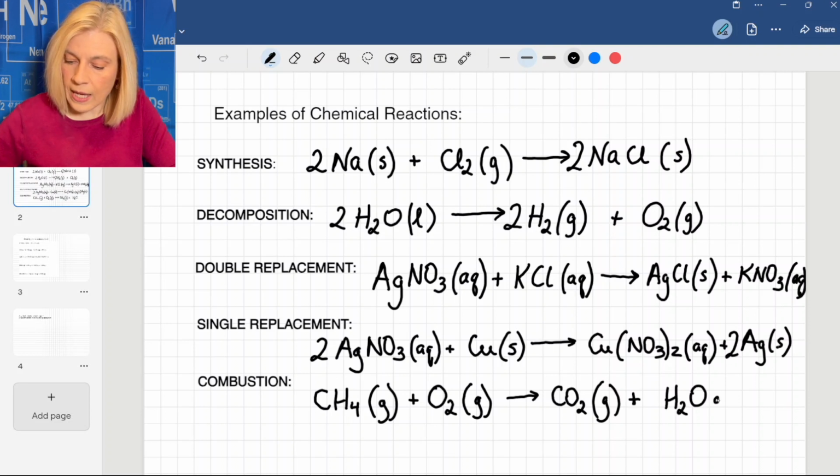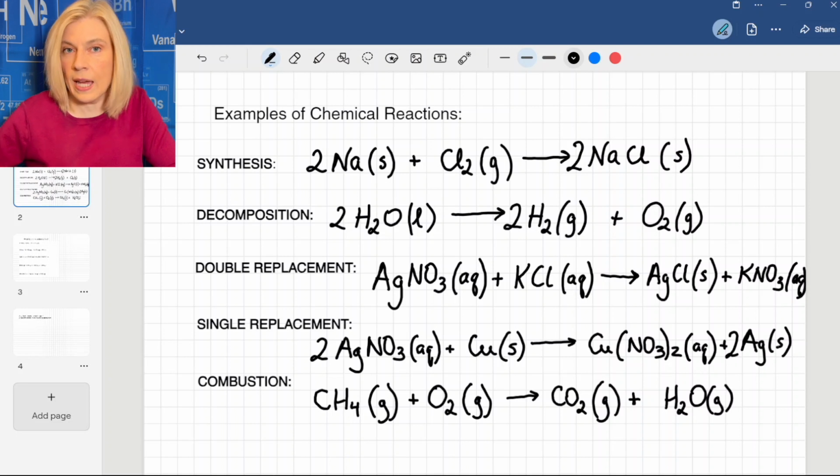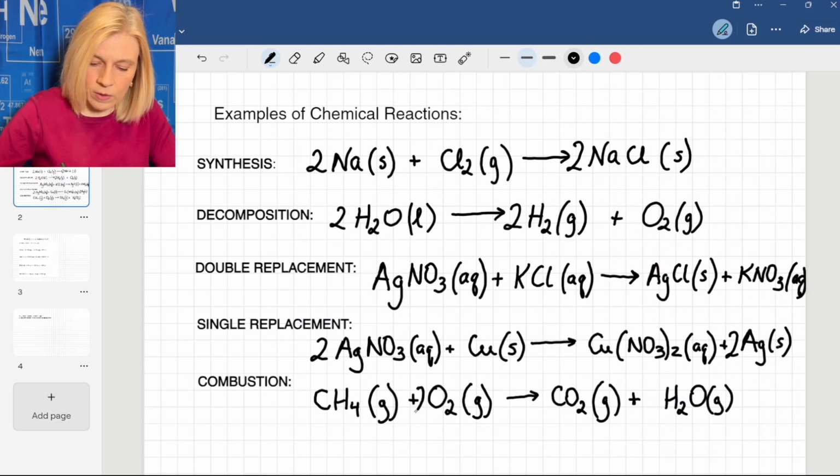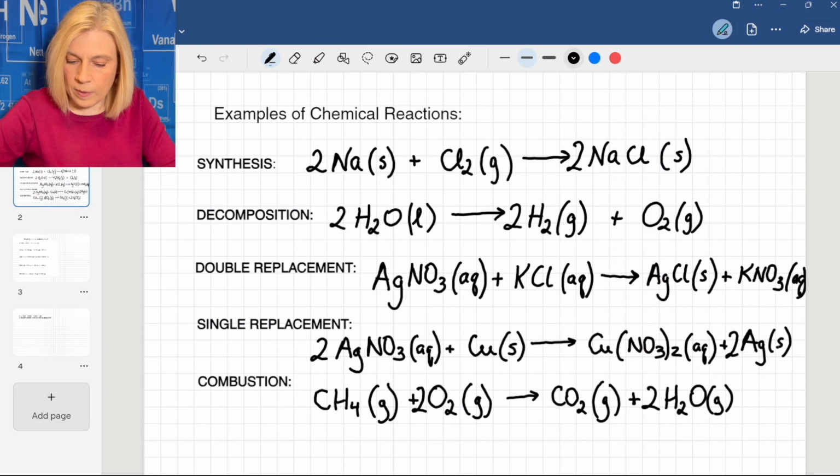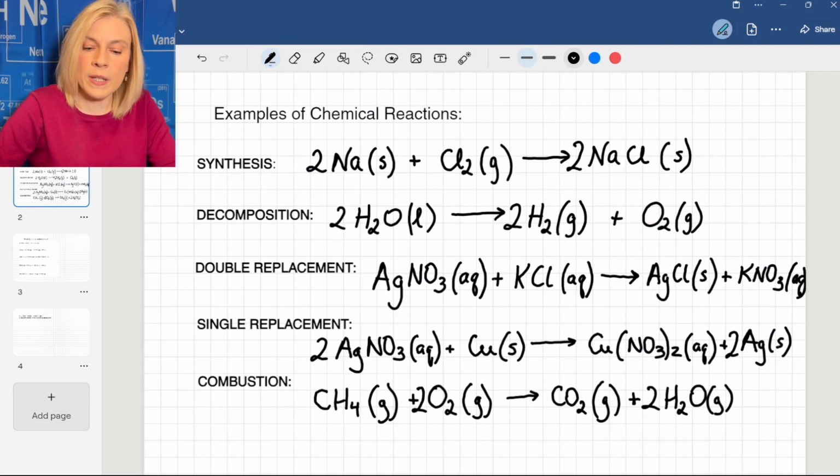I'm going to say gas because this reaction is pretty hot, so it will have to be gas before it cools down, and I have to balance my reaction. So I'm going to put 2 right here and 2 right here, and now my oxygens and everything has to balance. So these are specific examples, so you can see what happens.